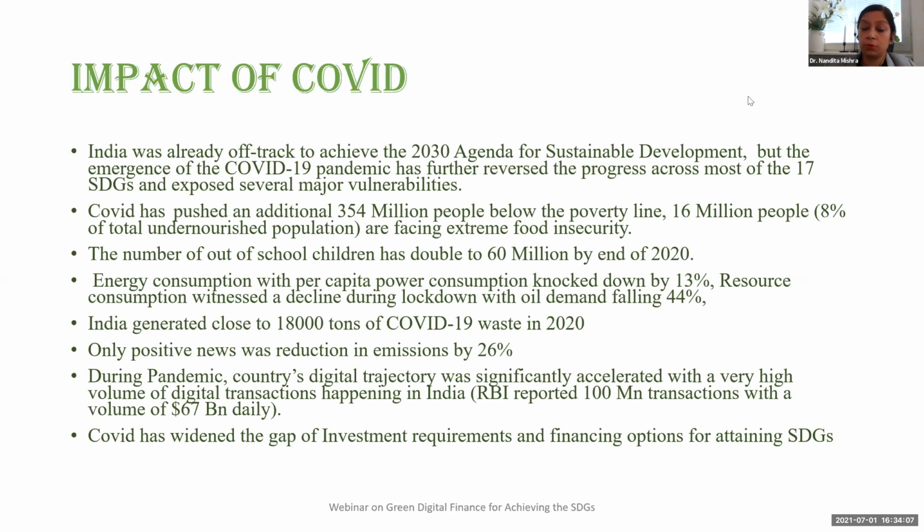The number of children who are out of school has doubled. The energy consumption has reduced by 13%. India generated close to 18,000 tons of waste in 2020. The only positive news, I think, is that the carbon emission has decreased by 26%.